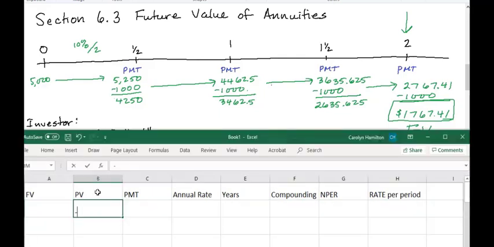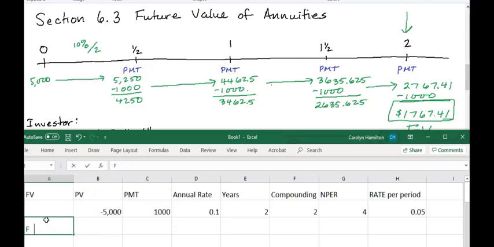Let's see what this looks like in Excel. Present value, negative $5,000 out from my pocket. Payment, positive $1,000 because it's money that I receive. Still 10% interest for 2 years, compounding semi-annually, 4 periods, 5% per period. So everything's the same except that the payment and the present value now have opposite signs.